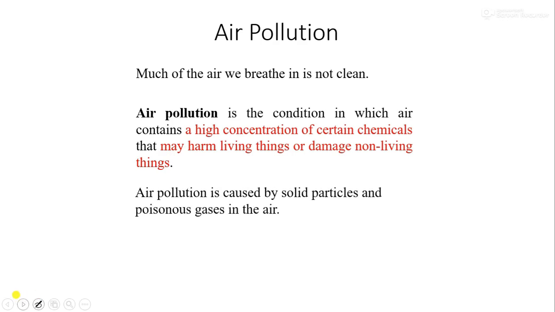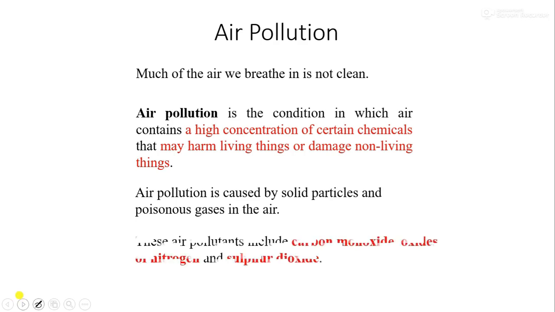Air pollution is caused by solid particles and poisonous gases in the air. These air pollutants include carbon oxides, oxides of nitrogen, and oxides of sulfur. When we talk about carbon oxides, it may be carbon monoxide and carbon dioxide. And oxides of nitrogen may be nitrogen monoxide, nitrogen dioxide, and nitrous oxide.